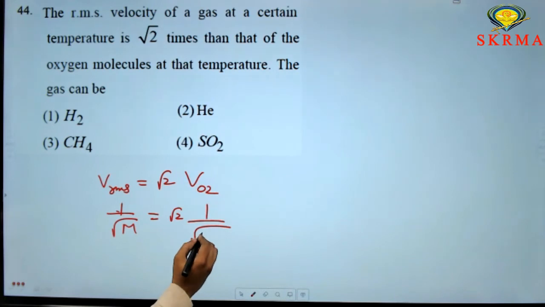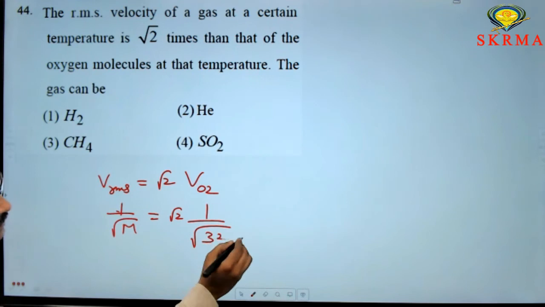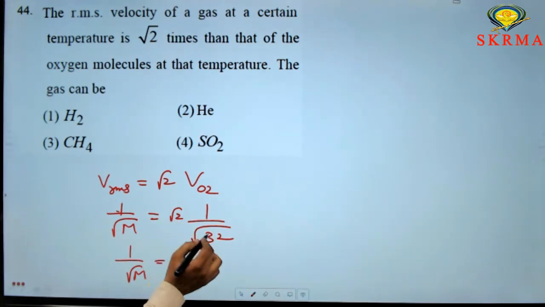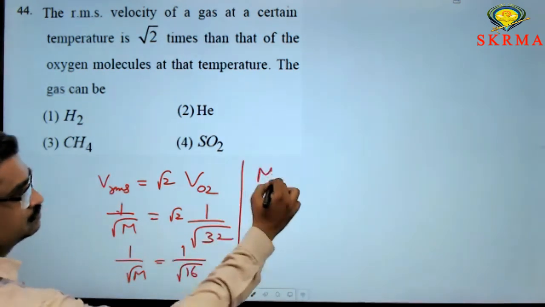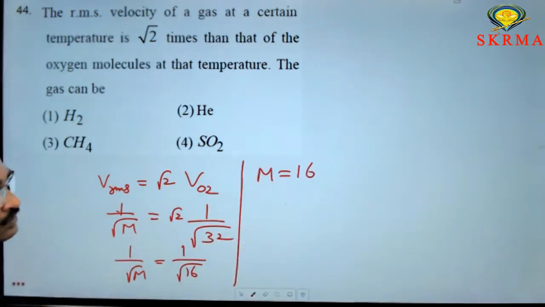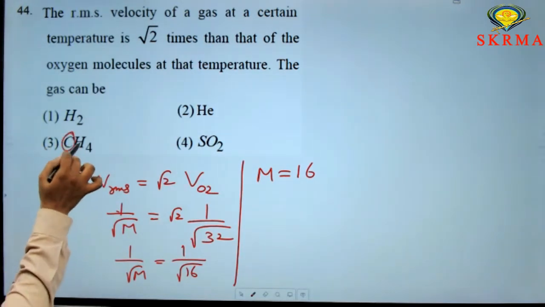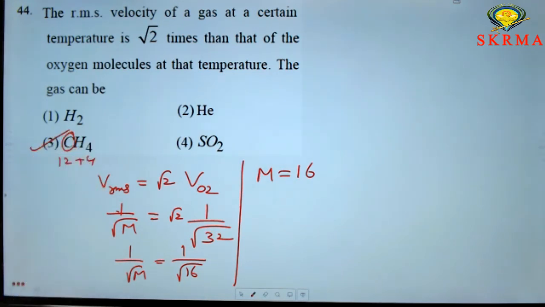What is the molar mass for oxygen? 32. So 1 by root M equal to 1 by root of 32 by 2, that is 16. Now M equal to 16. M is 16 corresponds to carbon 12 plus 4 hydrogens, 16. So CH4.